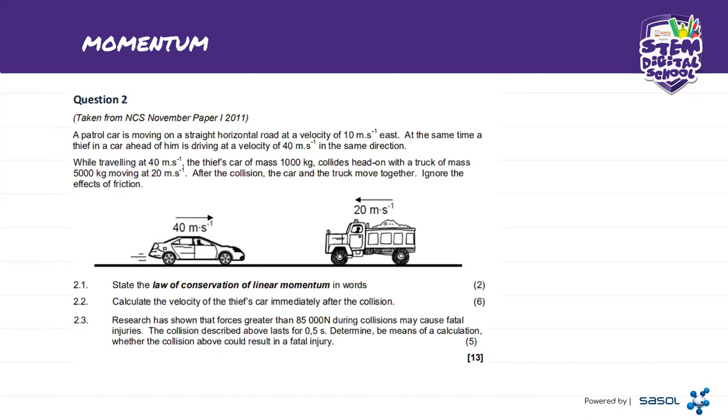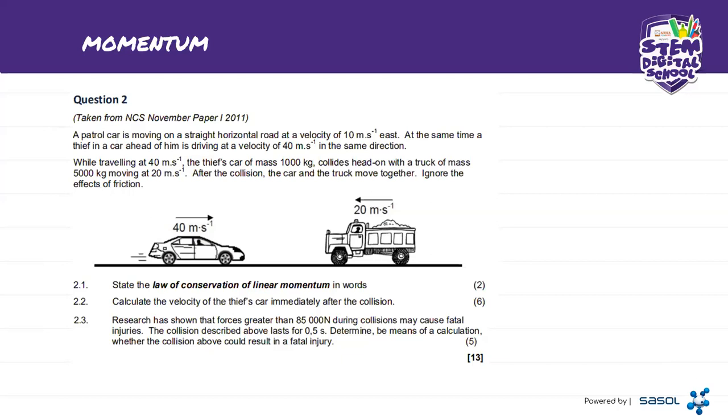So the collision, the accident, when it happened, because the small car was moving at a much faster rate, it only lasted 0.5 seconds. Determine by means of calculations whether the collision above could result in a fatal injury.